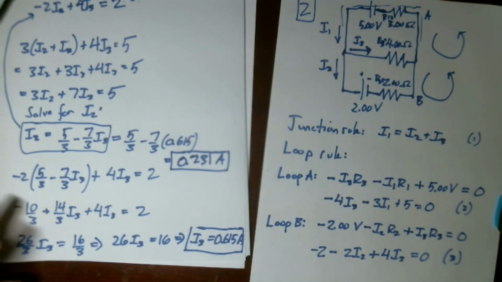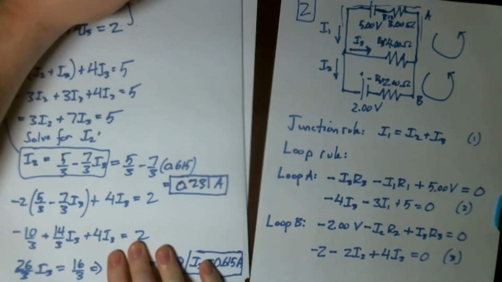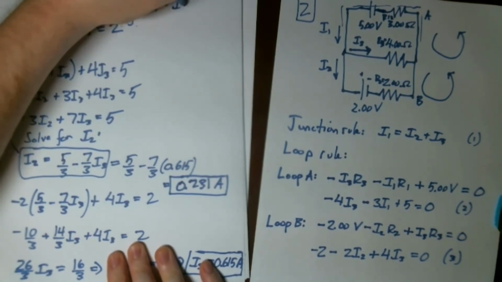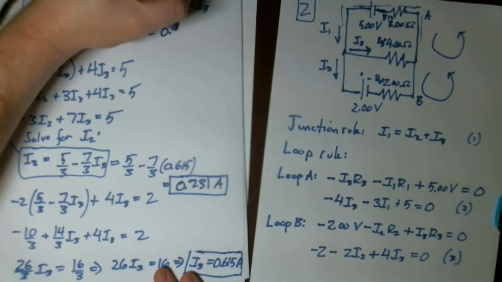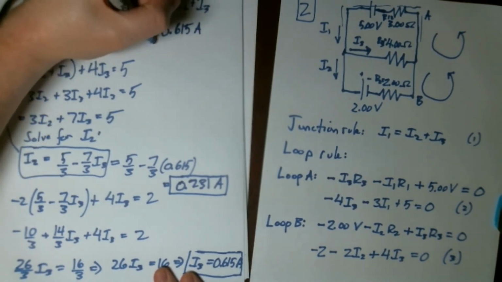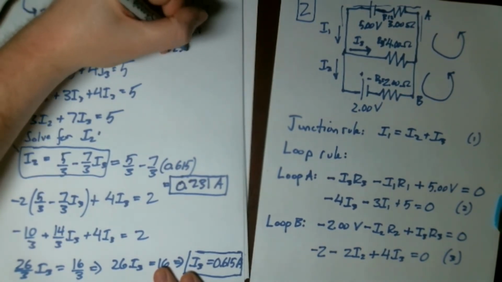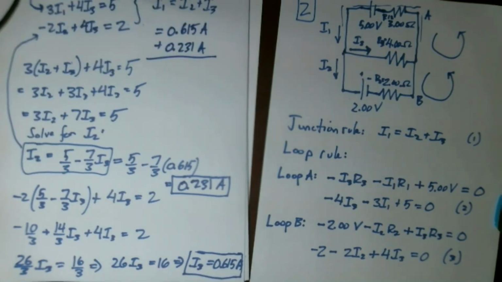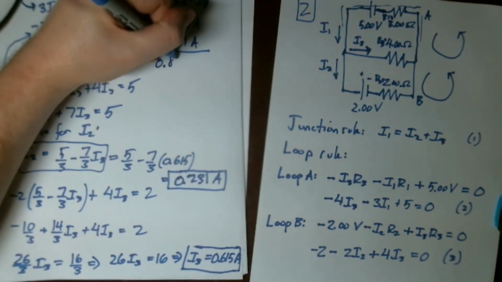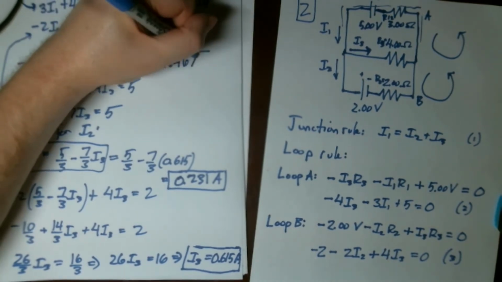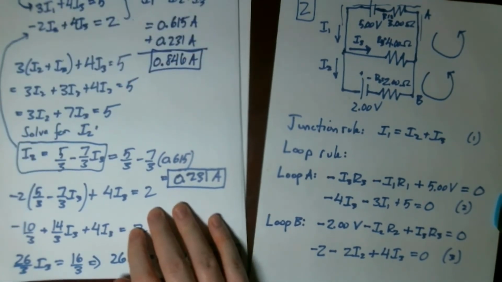So that's I2. And finally, we can get I1 by combining the two. I1 equals I2 plus I3. That gives us 0.846 amps. So that's our final current.